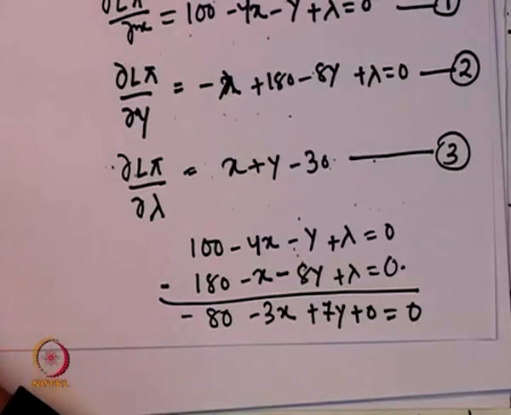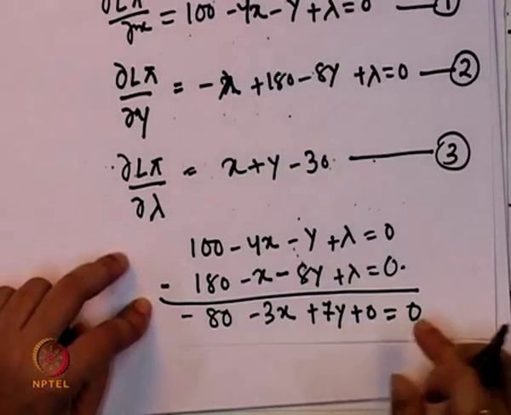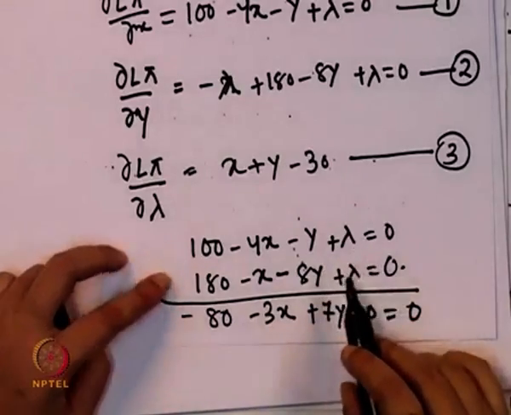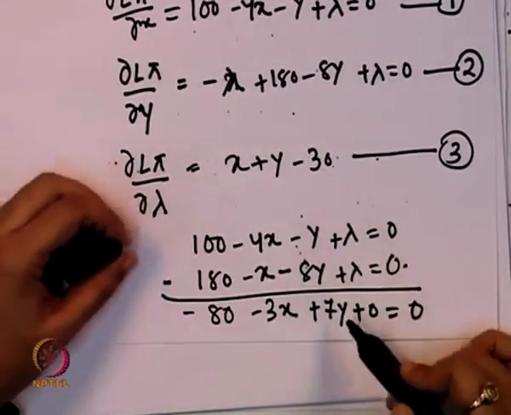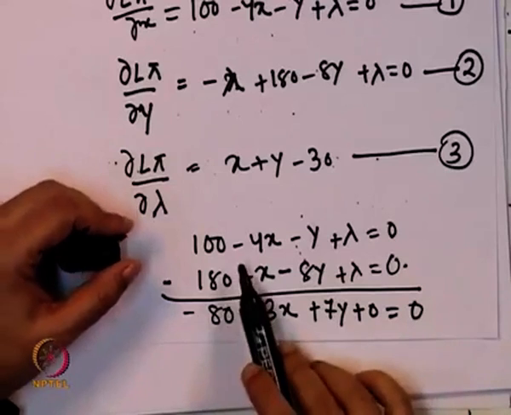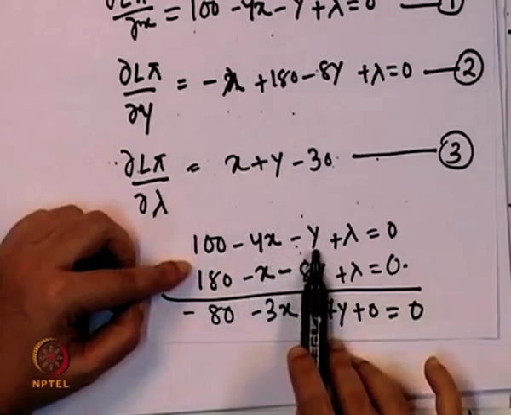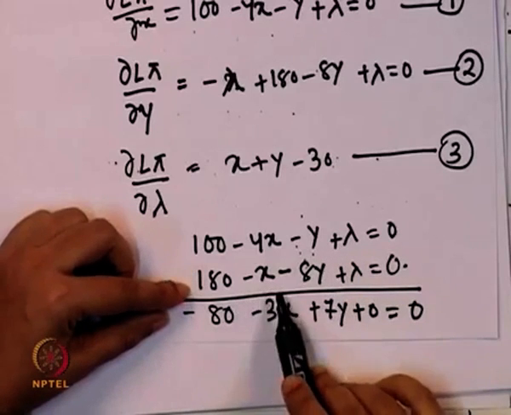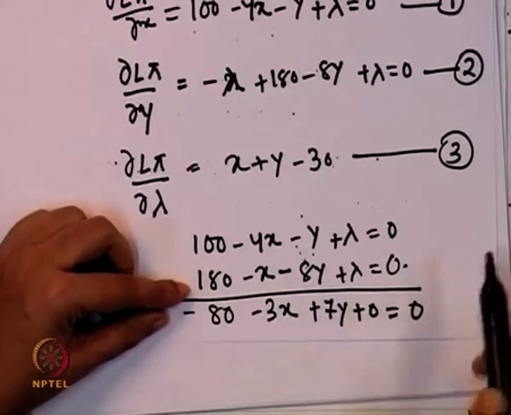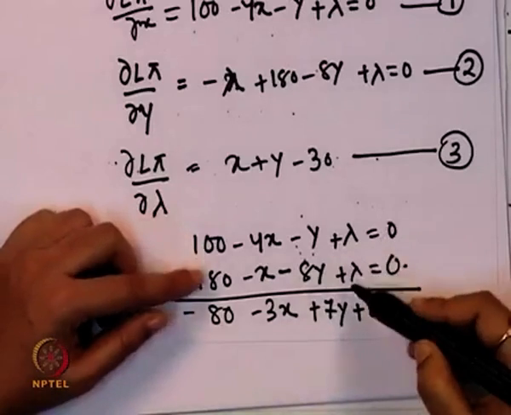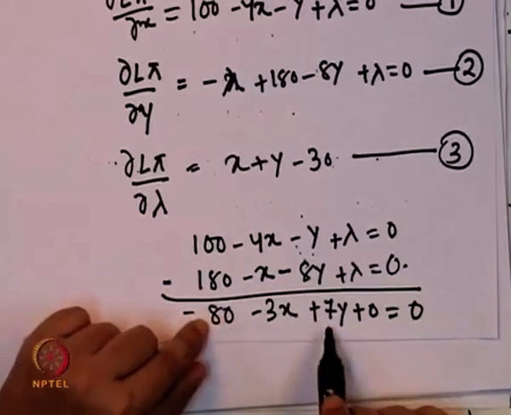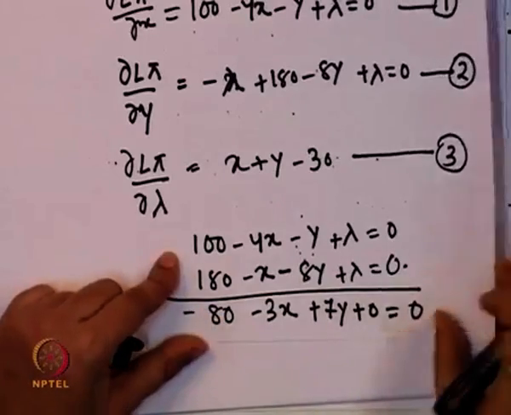In order to get the values of x and y, we have these two joint equations. If you subtract the second one from the first one, we get -80 - 3x + 7y + 0 = 0.